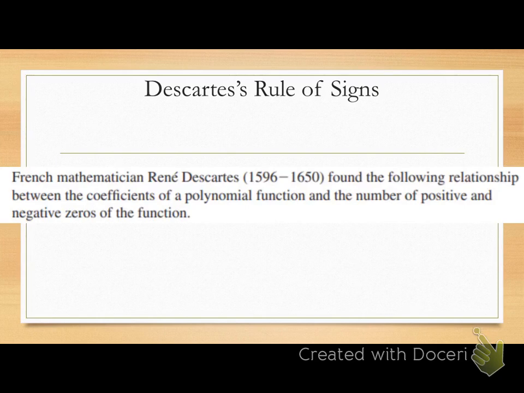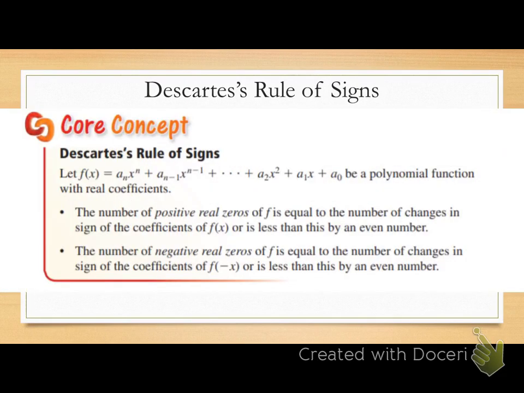There's this French mathematician named René Descartes, and he found the following relationship between the coefficients of a polynomial function and the number of positive and negative zeros of the function. So here is the actual rule, Descartes' rule of signs.